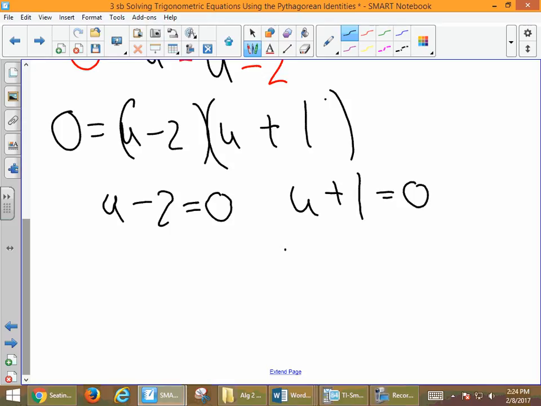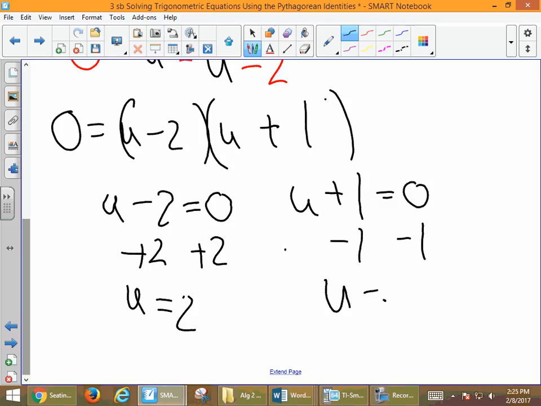If you skip this step, that's good, I hope you can. Then we can solve for u by itself, and we get u equals 2, and u equals -1.